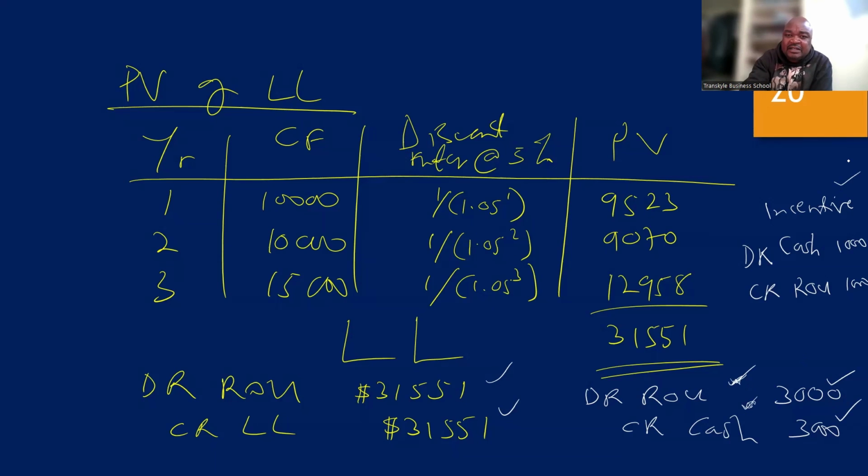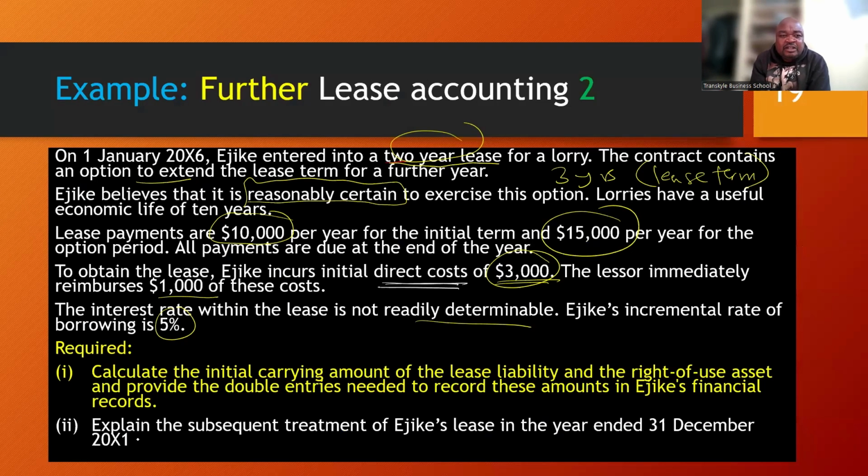What about the second part? The second part is we need to explain the subsequent treatment of ACCA's lease in the year ended 31 December 20x6. So this is what we gotta do.